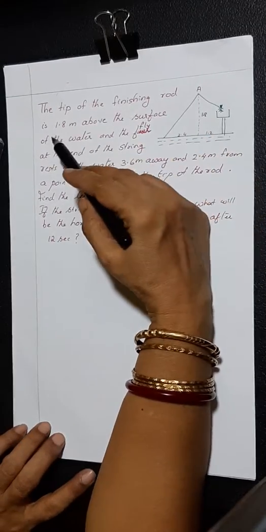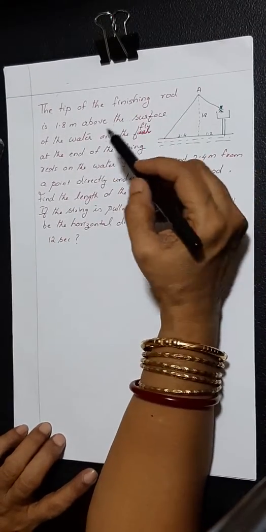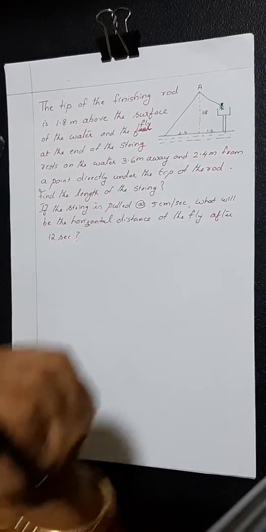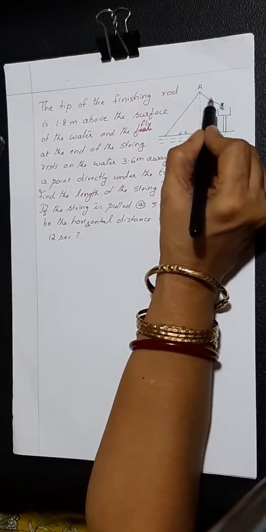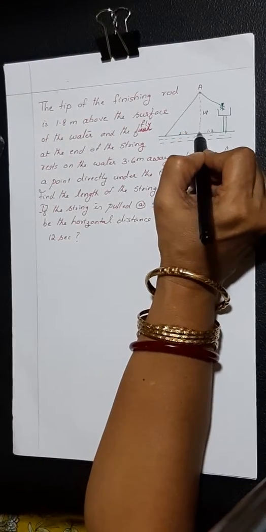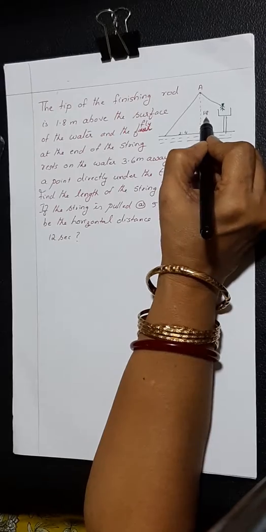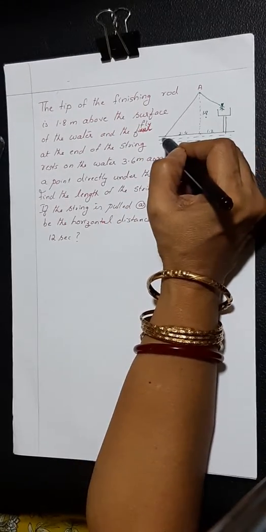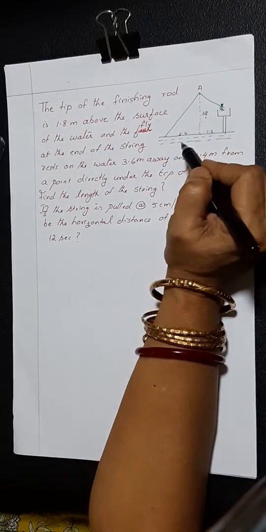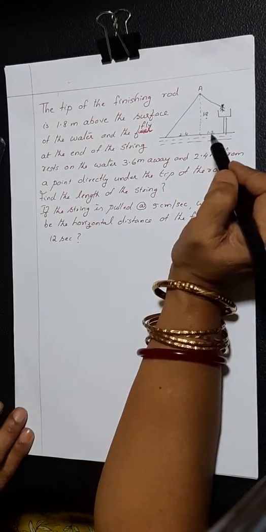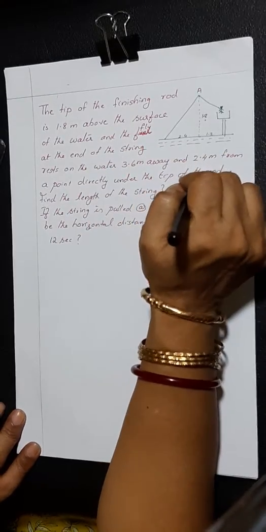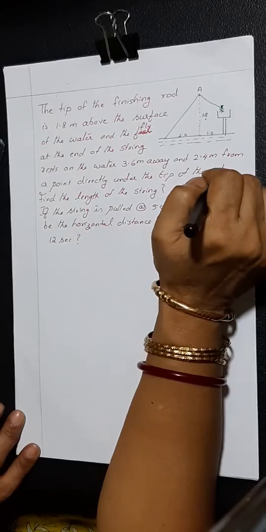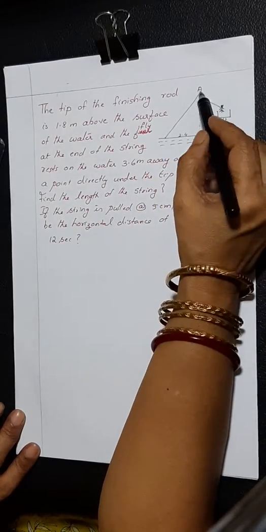The tip of the fishing rod is 1.8 meters above the surface of the water, and the fly at the end of the string rests on the water 3.6 meters away, and 2.4 meters from a point directly under the tip of the rod.